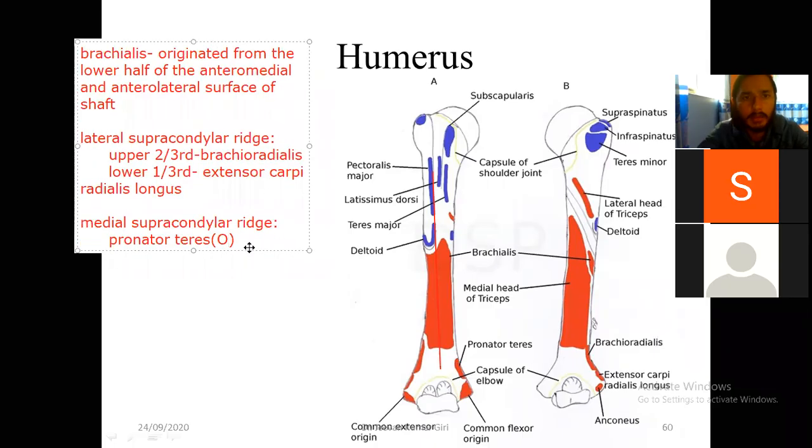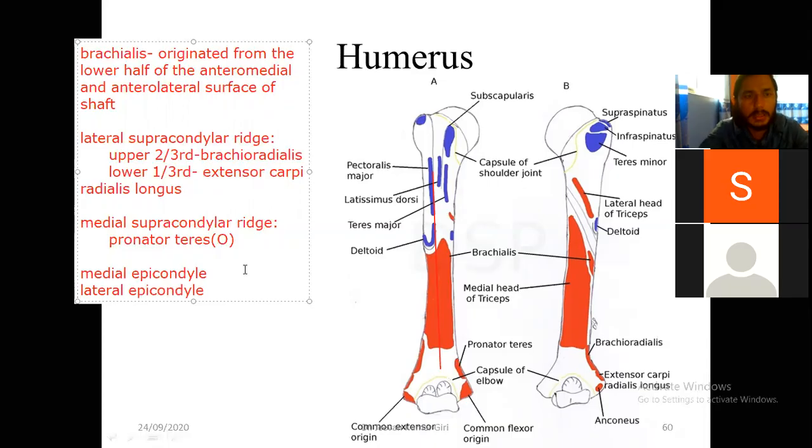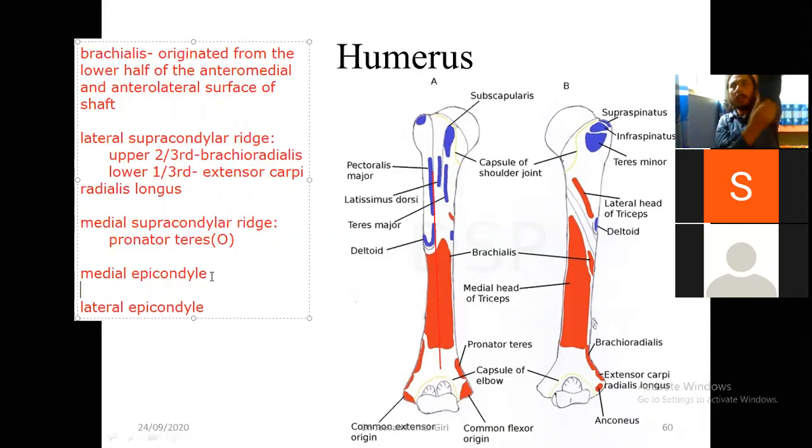Now we'll go for the muscle attachments in the other part. You know the medial epicondyle and the lateral epicondyle, isn't it? Now we'll see the muscles in the medial epicondyle and the lateral epicondyle. Now see here, this is the medial epicondyle. Toward the small finger is the lateral epicondyle.